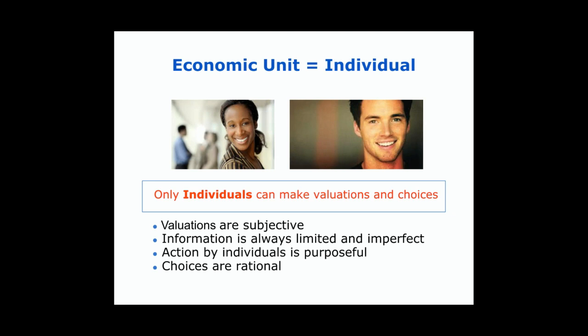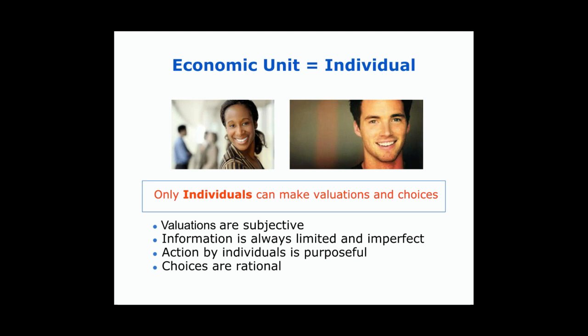So these valuations are subjective in nature. They're specific to the individual. When we're making choices, the information that an individual has is always limited. It's imperfect. But we know that when people choose, when they take actions, they're doing so because they're being purposeful. They have an end in mind, and the choice they're making is a means to that end.